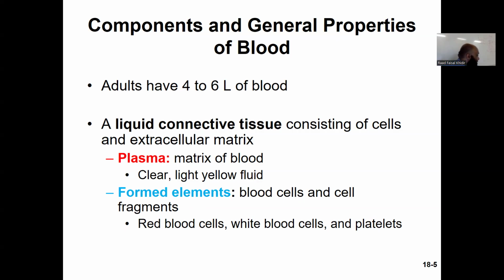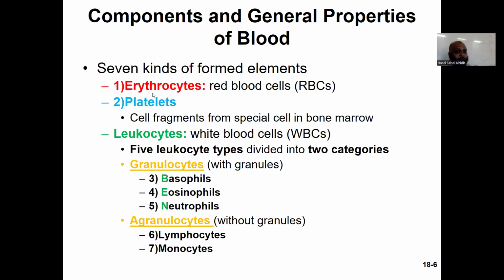My erythrocytes, red blood cells, my leukocytes, my white blood cells, and my platelets. What are platelets known as? Thrombocytes. There we go. Erythrocytes are the, see where my mouse is? Erythrocytes are the red blood cells. Platelets are known as what?